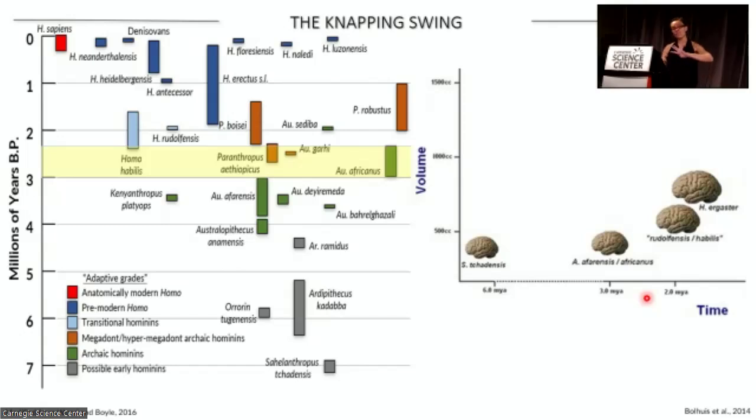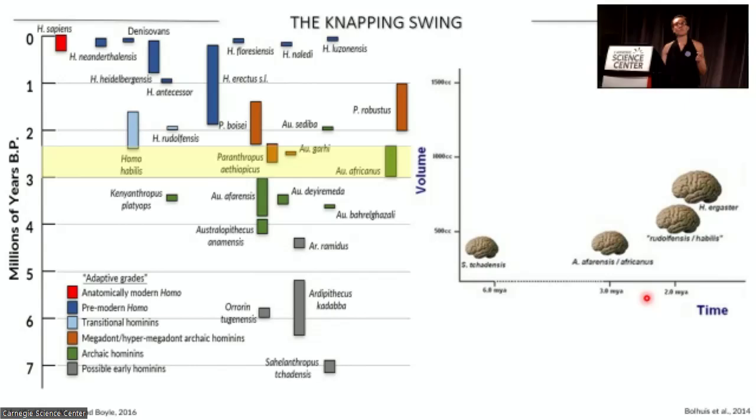Or on the flip side, it may have been enabled: our ancestors may have been able to produce and use stone tools because something else was selecting for greater cognitive capacity. Either way, the ability to make and use stone tools is frequently regarded as requiring and indicative of fairly complex motor strategies and cognitive complexity.